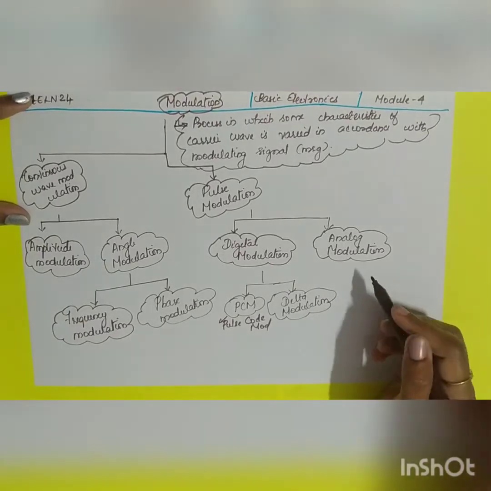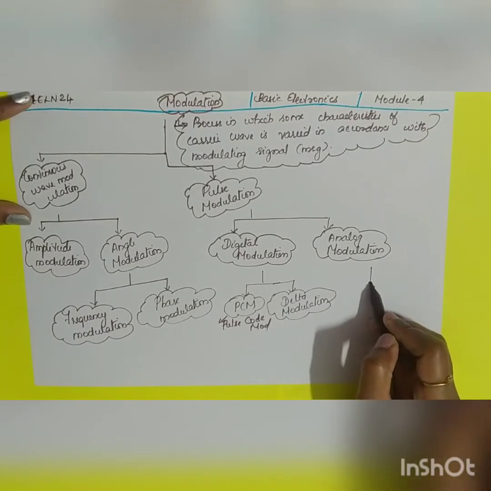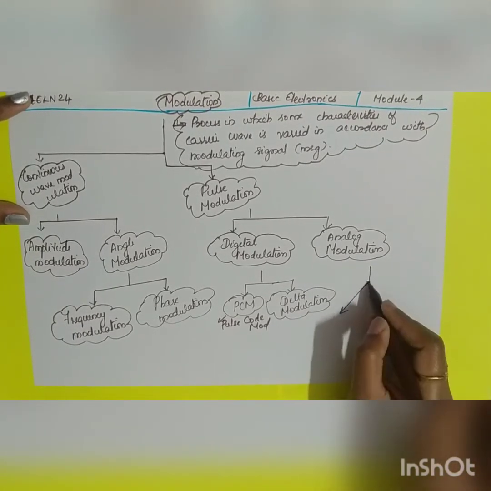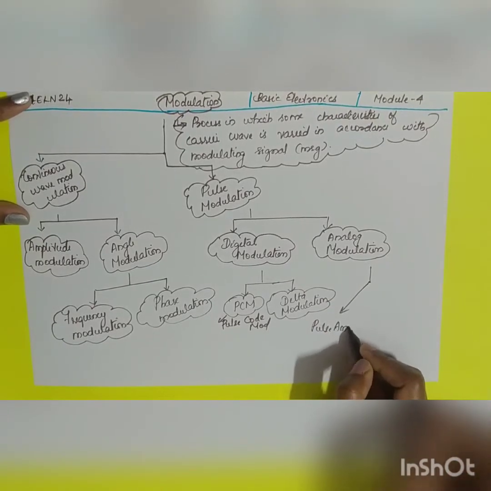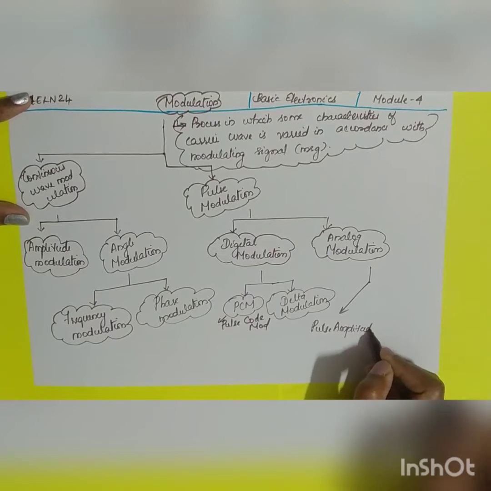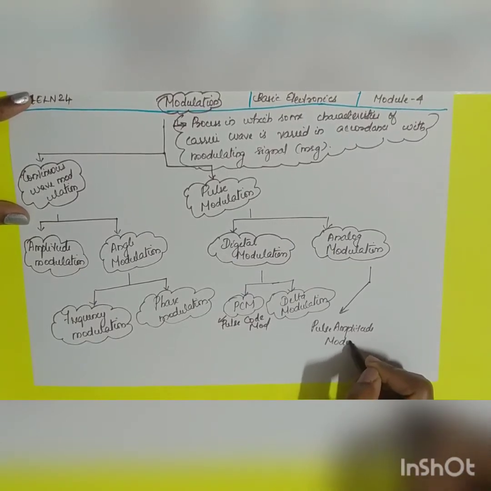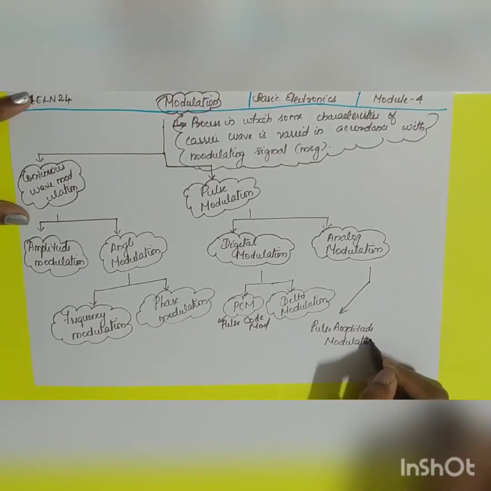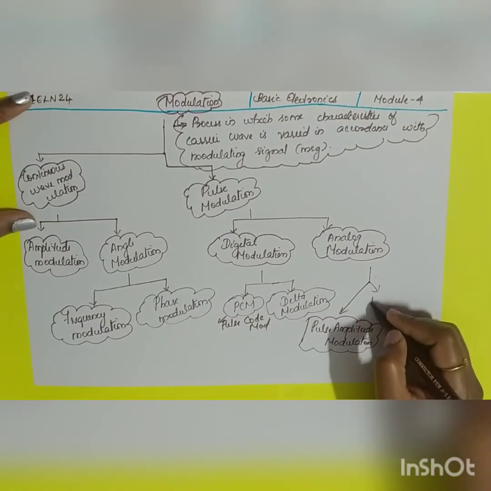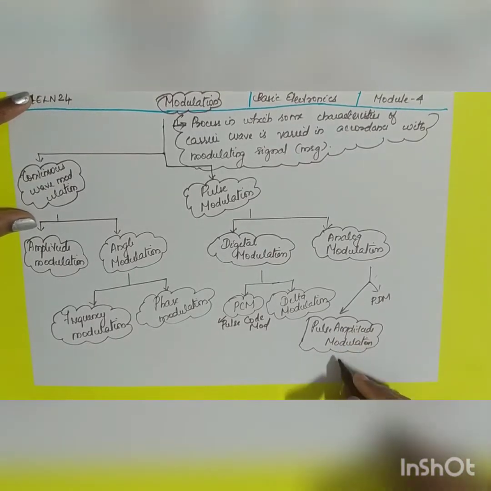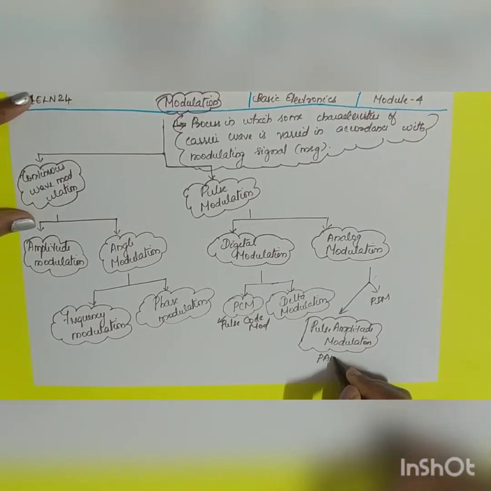Okay. And this analog modulation can be again classified into three types. One is called as pulse amplitude modulation. So first one is called as PAM. Okay.